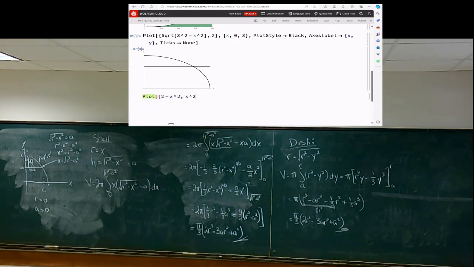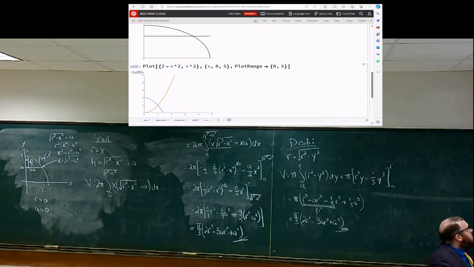Second one was x squared. I'm in the first quadrant, so I'm just going to go 0 to 5. Let's just see what that gives us. And I'll set the plot range to be the same. See what that gives us. Perfect.